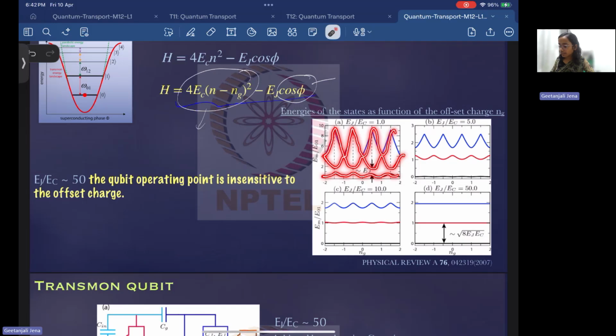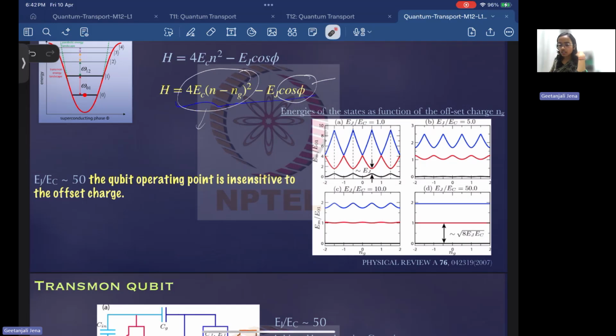And because of this square dependence, when E_J by E_C is 1, even a small variation in the charge fluctuation makes the energy difference quite high. So there will be a large fluctuation in energy, which can induce decoherence.